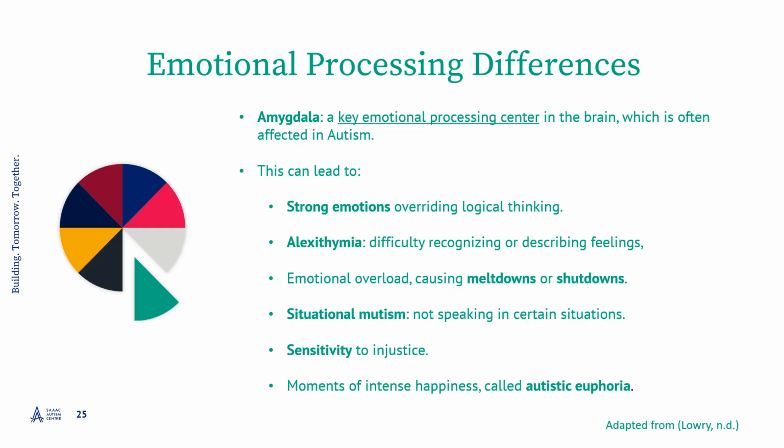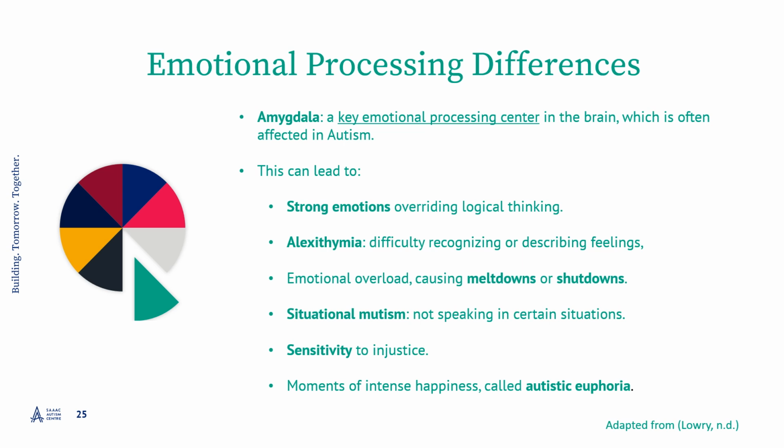Emotional processing differences is the next trait on the Autism Spectrum Wheel. The amygdala, which is a key emotional processing center in the brain, often has extra connections in autism. For autistic people, this can mean they have strong emotions which override their logical thinking. They may experience alexithymia, which is difficulty recognizing or describing their feelings.